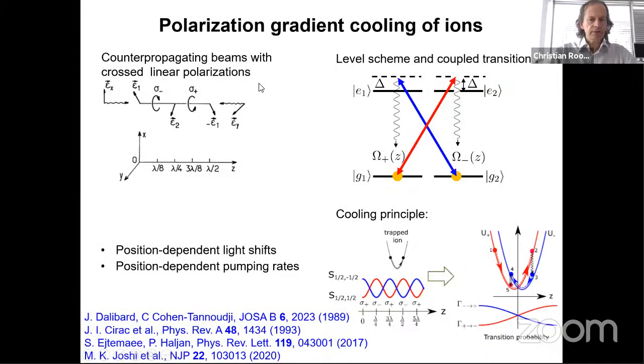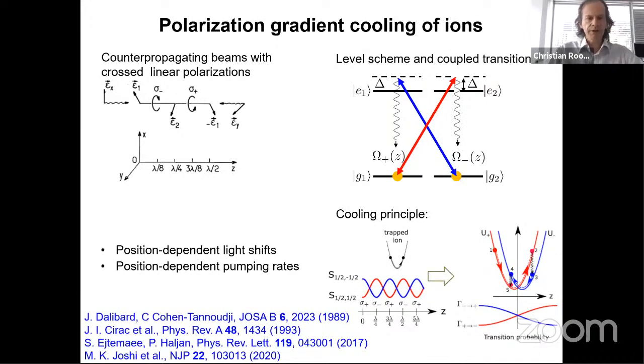But in this case, you have a pair of counterpropagating laser beams with crossed linear polarizations. And this configuration produces a polarization gradient that has been used for a long time in neutral atom experiments for sub-Doppler cooling, and has been used only much more recently in trapped ion experiments.